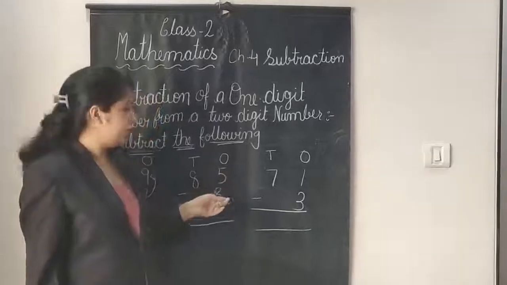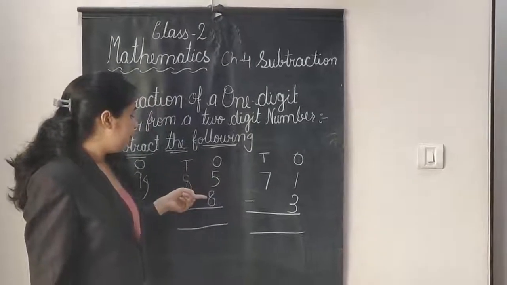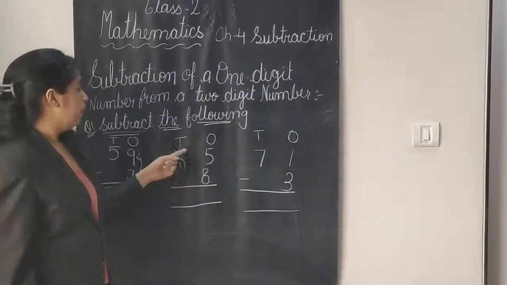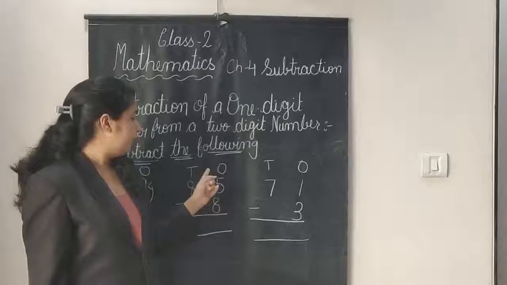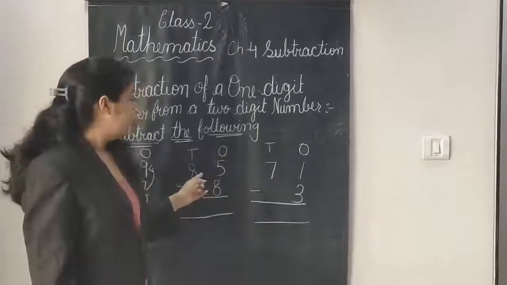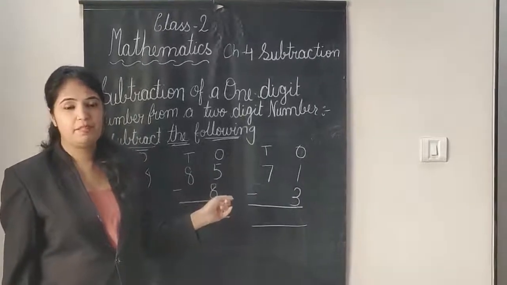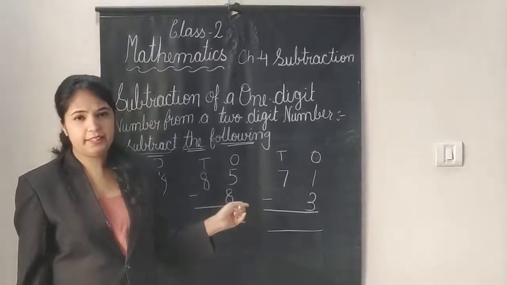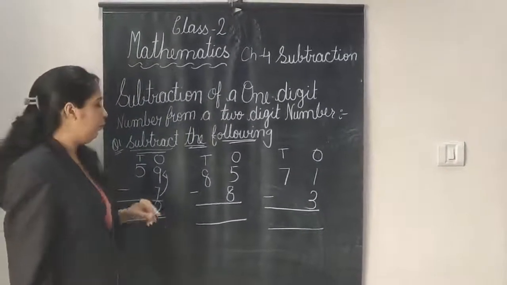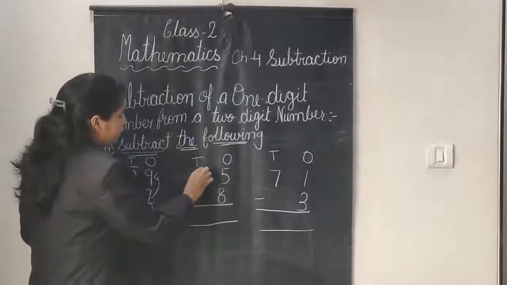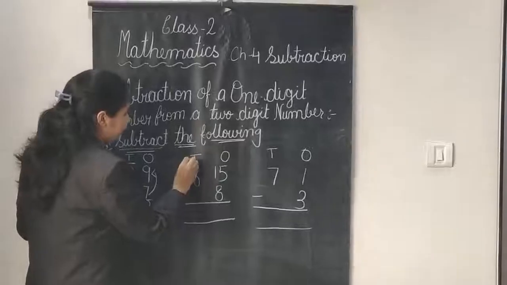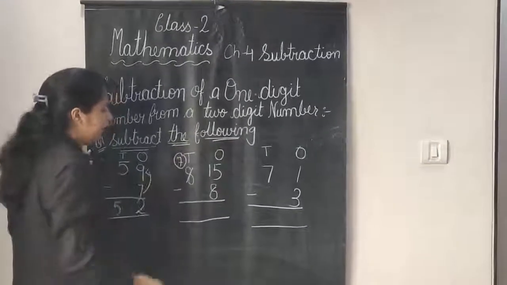Now moving forward to the second sum. Sorry, the total sum is 85 minus 8. We will do it at the ones place, right? 5 minus 8. Can I subtract? Is 5 greater than 8? No. So what will we do? We will borrow, we will regroup, and we will take from 8. So cut 1, put 1, minus 1, which is 7, right?